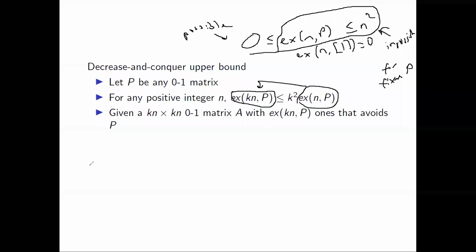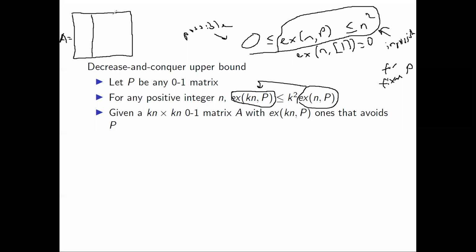So I'm just going to draw a picture of A here. Actually, I'll draw it higher up so it doesn't interfere with our bullets. So here's A. And we're assuming that A is Kn by Kn. I'll draw it with K equals 3 here.